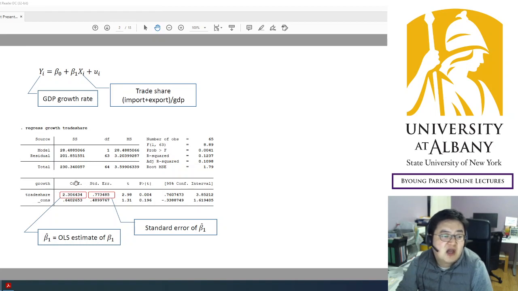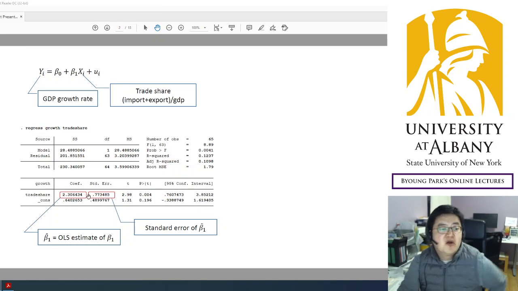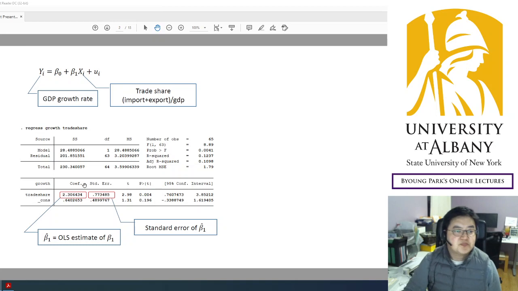A large coefficient relative to the standard error means something good: the model is good, the variable is relevant, so the relationship is clear. That's what the relative size implies, and as I said, that's the main topic of chapter 5.